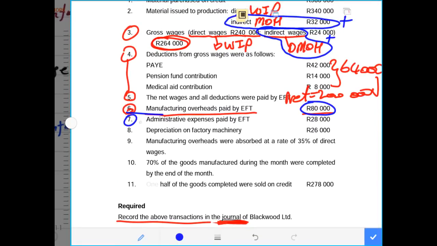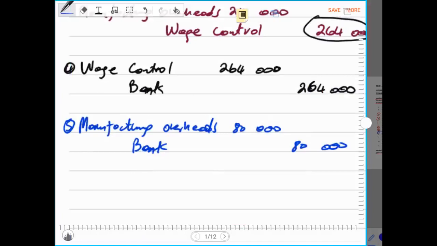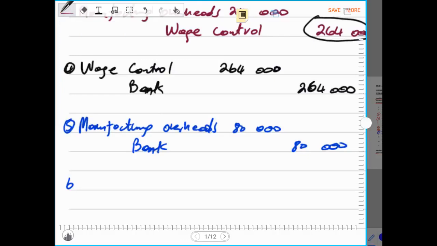Then we go to entry number 7, where they tell us that administrative expense paid by EFT amounted to 28,000 rands. So now we know that admin costs are not related to the manufacturing of the product. So we just have to record this as administrative expense. In recording that, we have to increase our administrative expense by the amount of 28,000.